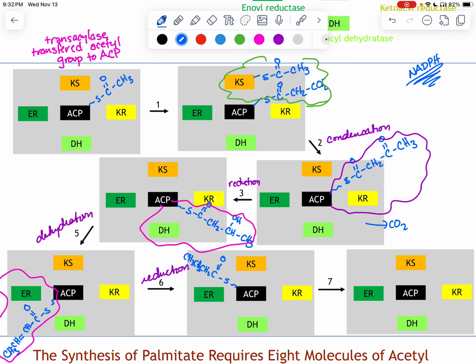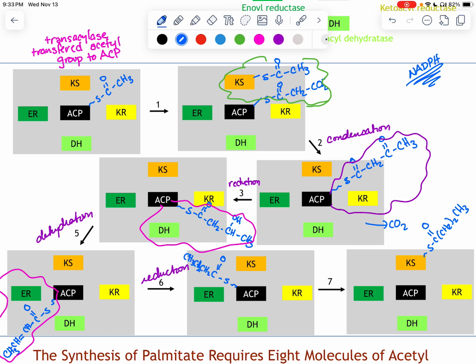And then what's going to happen is this acyl carrier protein is going to move this whole thing back up to our docking station. All right, so we're going to move this now much longer molecule back to that docking station.